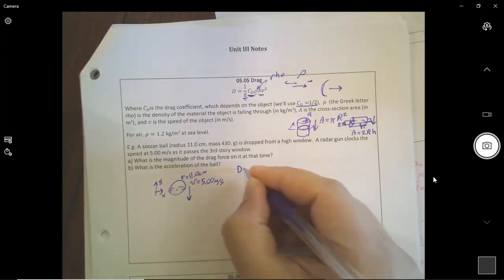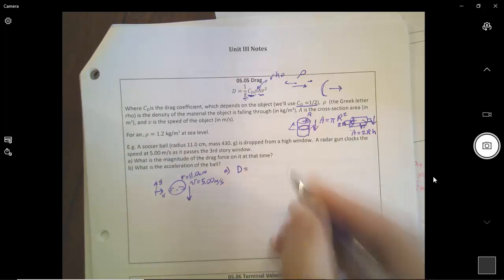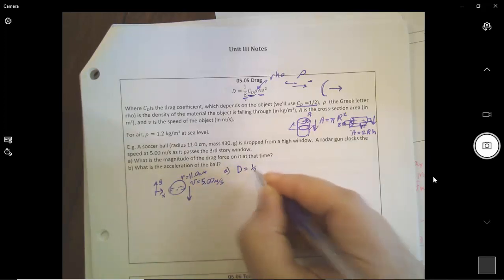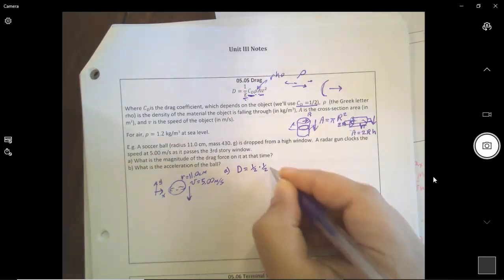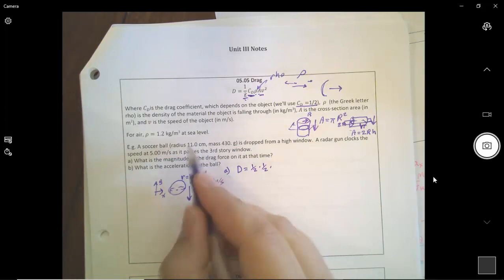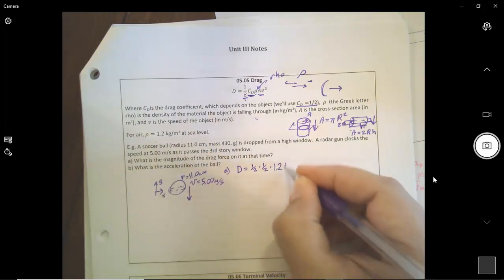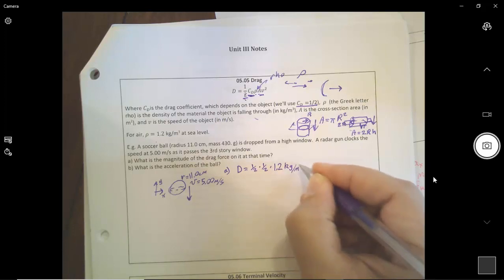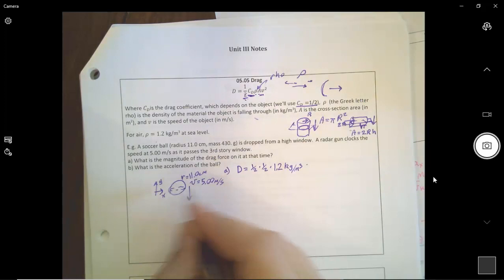Since this is two different components, we can go ahead and calculate a number for the drag force. So we have 1/2 times, we're going to use 1/2 for CD. Our value for rho is 1.2 kilograms per meter cubed. Let's think about our area here.